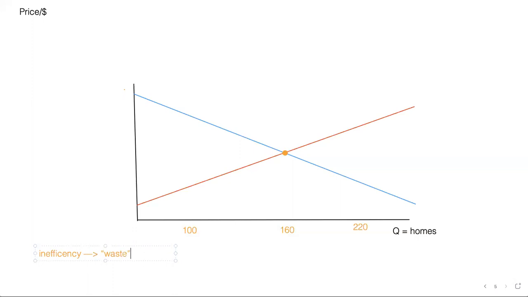You're wasting resources. Does that make sense to you? Inefficiency is equal to waste.